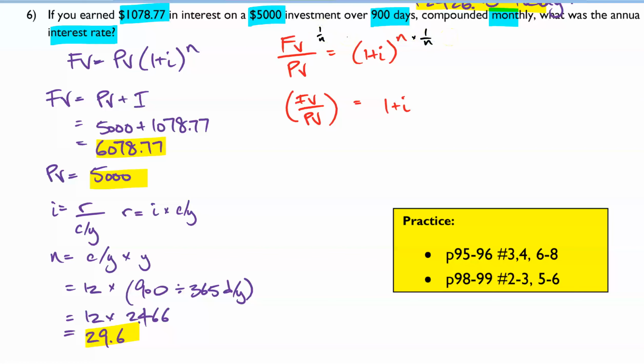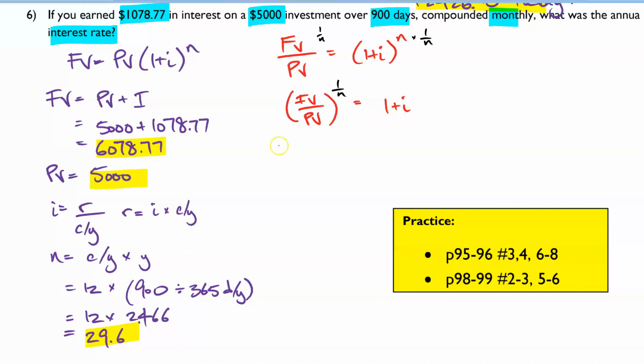And if I raise both sides to 1 over n, this is what it looks like now. Because if you multiply n times 1 over n, that becomes 1, which allows me to just open the bracket. Next step here is I got to isolate the I by subtracting 1 from both sides.